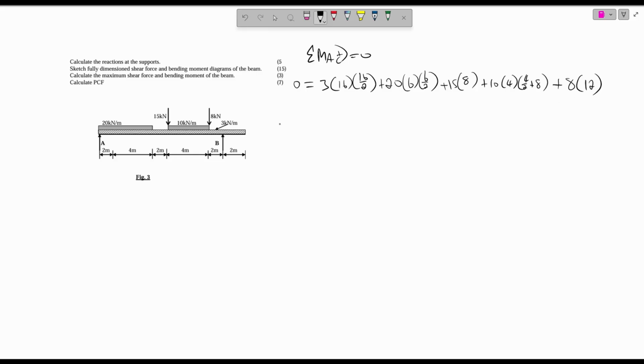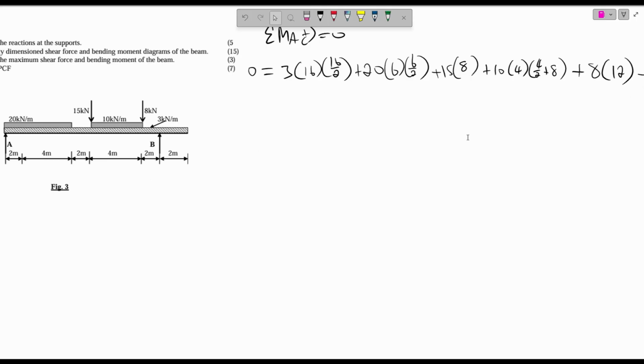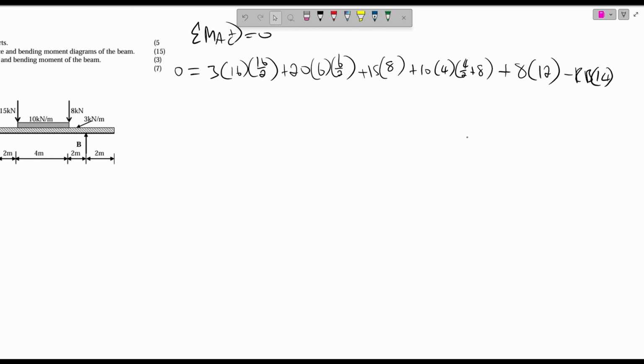And then we have our RB, which is going up and it's anti-clockwise, times 14. Then let's equate and find our RB.